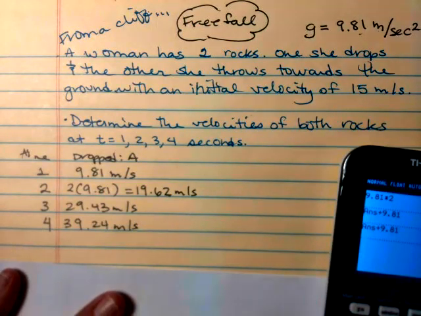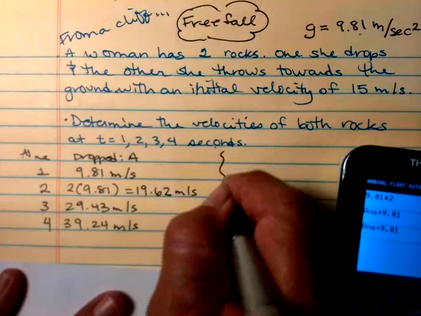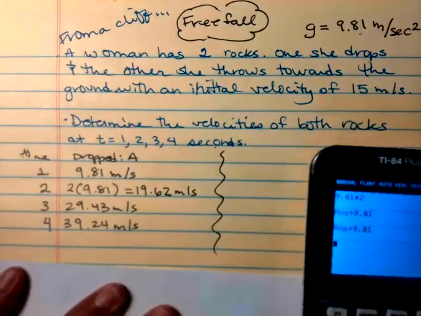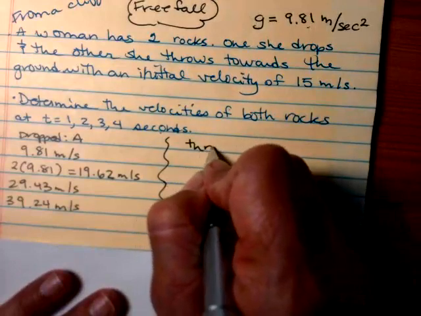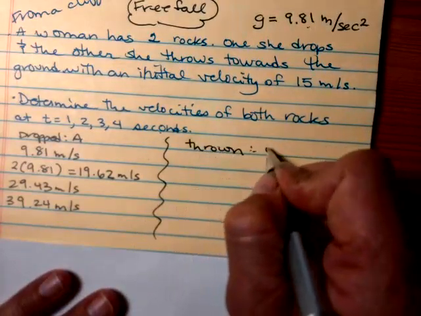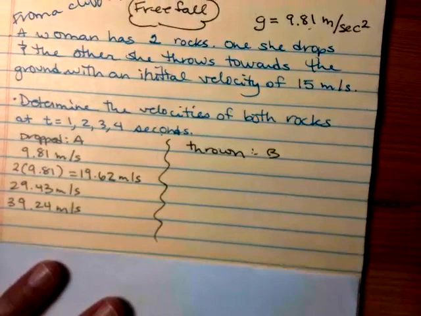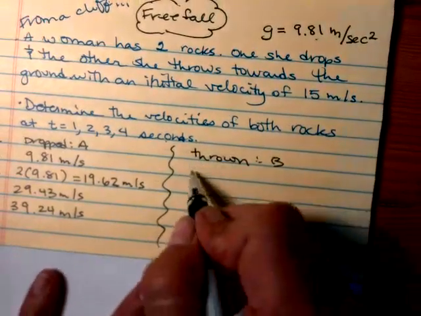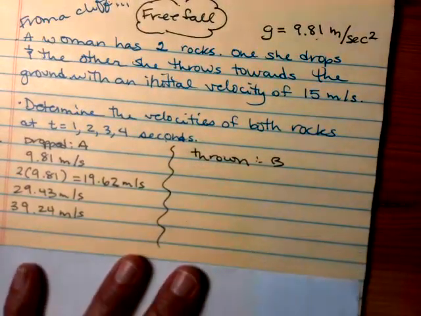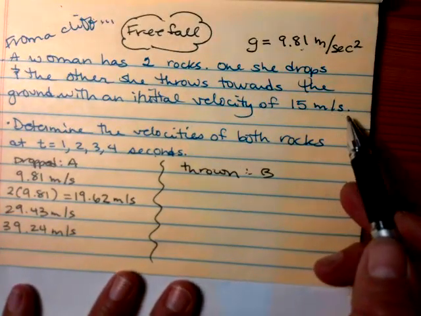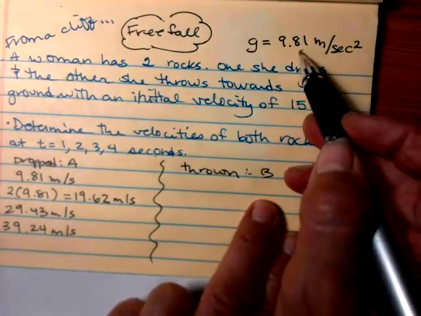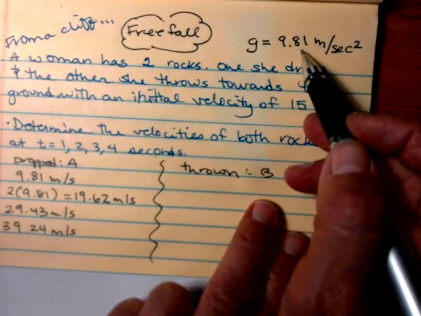Now let's go ahead and do that same kind of calculation for the ball that we give an initial velocity. At the end of that first second, it's going to start with a 15 meters per second velocity, and then it's going to increase by 9.81.